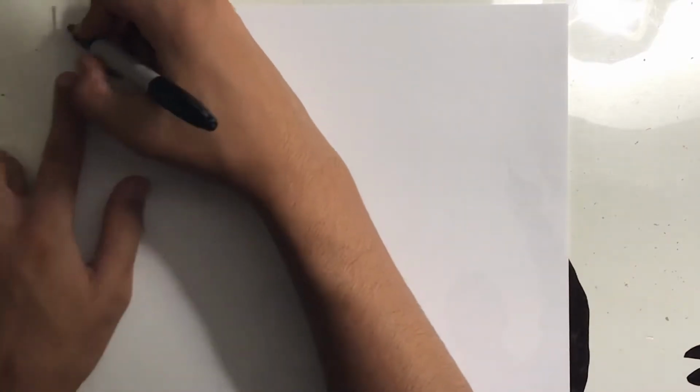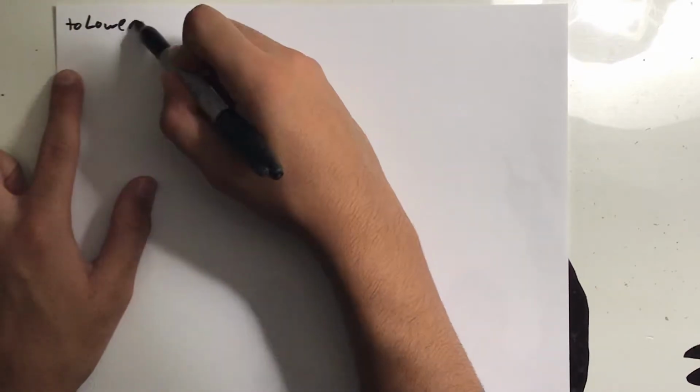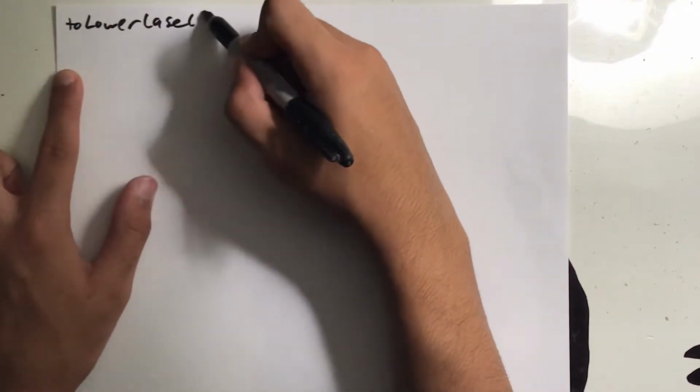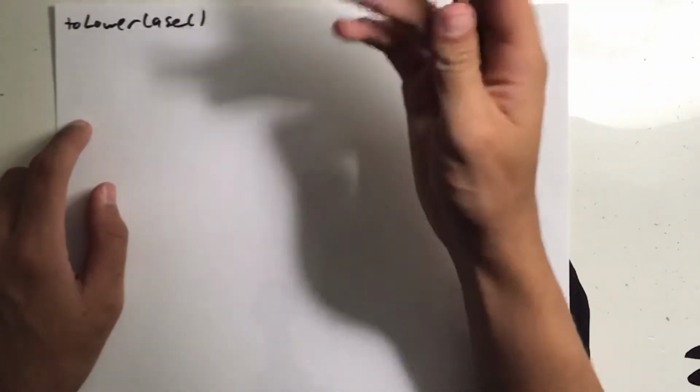The next ones are just some other methods, which I won't go into detail with because the names of the methods take care of all the hard work for me. There is a toLowerCase method, and it turns all the letters lowercase.